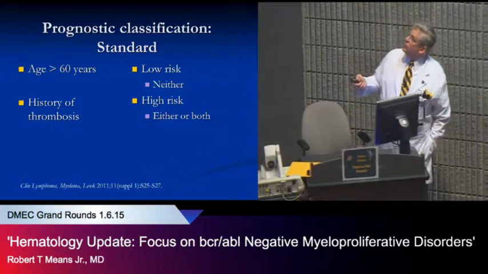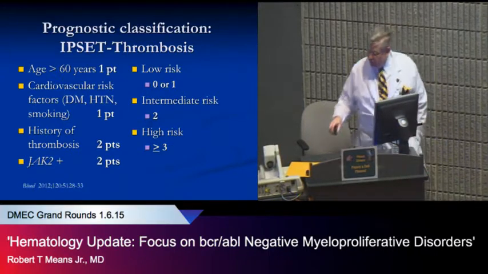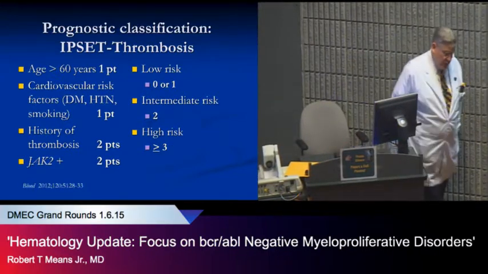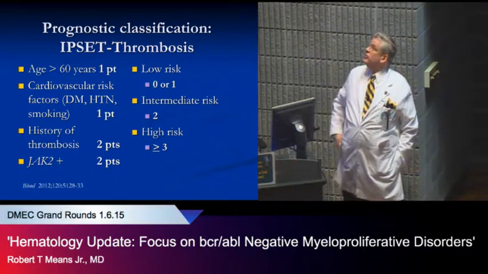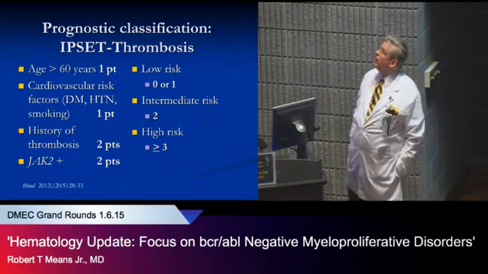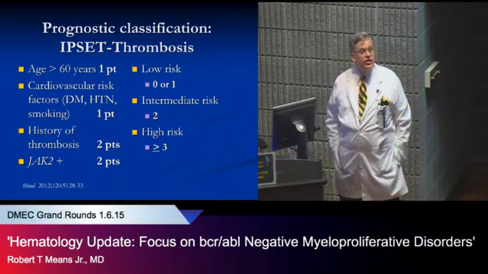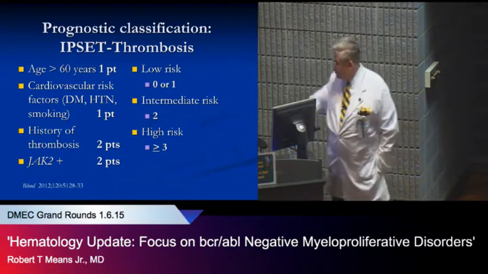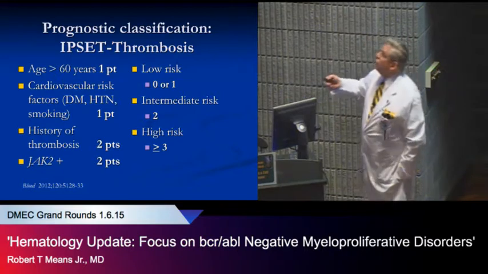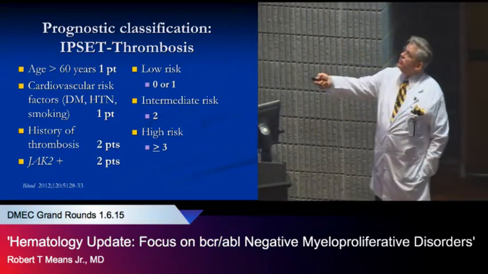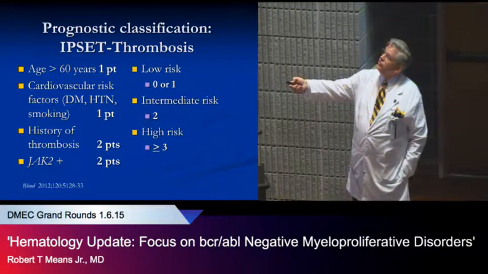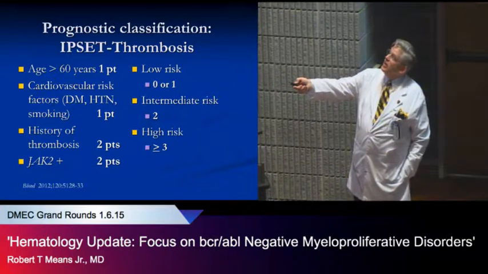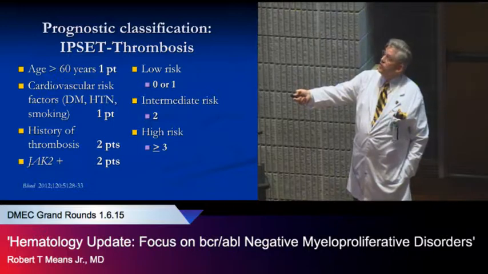So there is a newer system, which was published at the very end of 2012, called the International Prognosis System, Essential Thrombocythemia, Thrombosis. What it does is it gives points and it includes molecular criteria. So age greater than 60 gets you 1 point. Cardiovascular risk factors, which they define as being diabetic, having hypertension, or being a smoker.